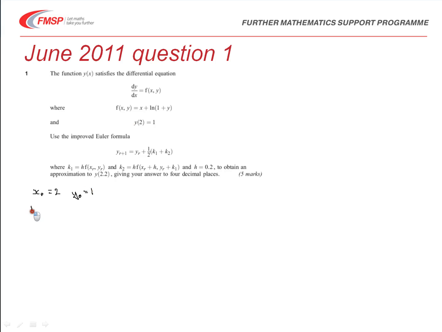So in order to calculate k1, we know it's h, which is given as 0.2, multiplied by the value of the gradient function f, and that gradient function is found by working out x plus ln of 1 plus y.